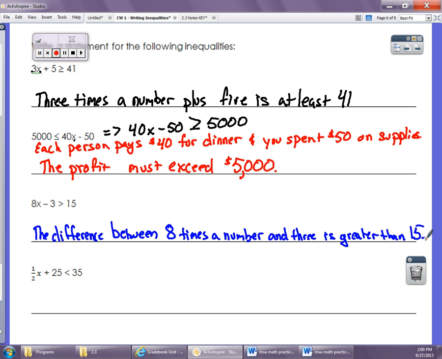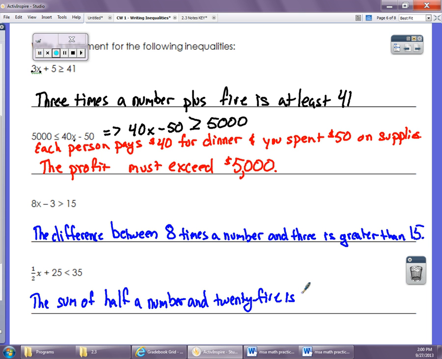Now with the last one here, because we're adding, the sum of half a number and 25 is less than 35.